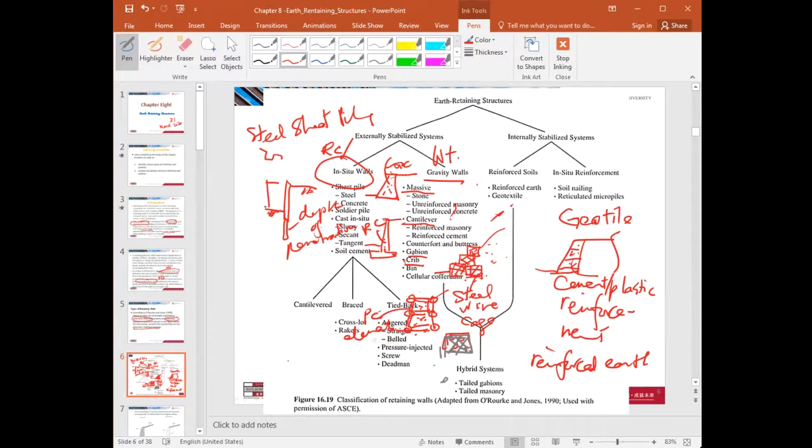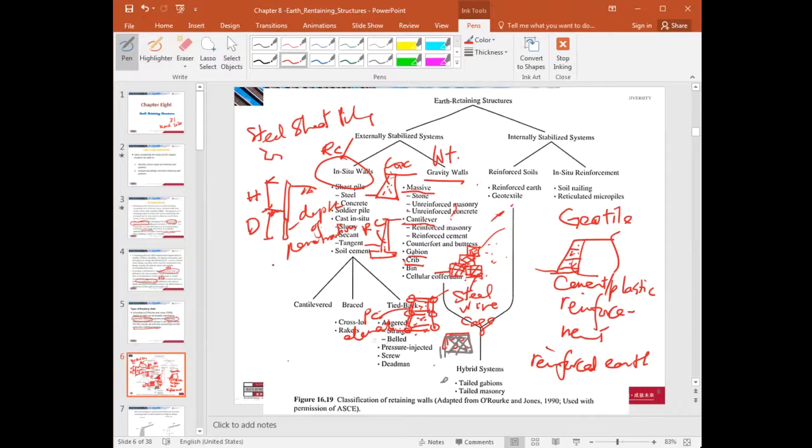So that is the height of the retaining wall, and that is the depth of penetration. For greater height to be retained, you have to drive the sheet pile deeper into the ground. Okay, so that's steel sheet piling.